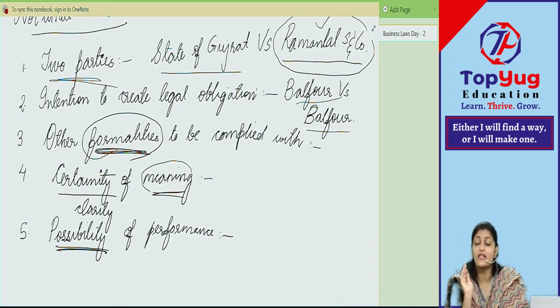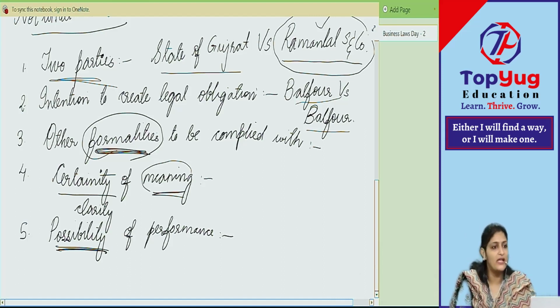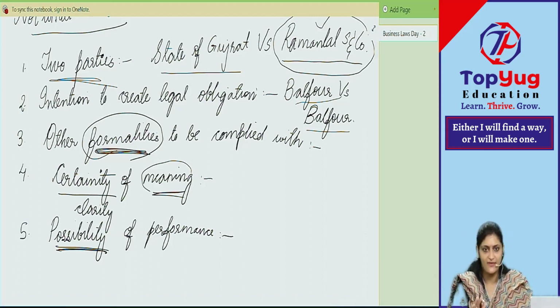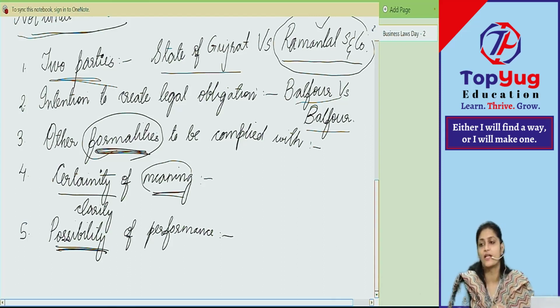In an agreement, terms and conditions of the agreement should be clear. There should be certainty of meaning. In an agreement, there should be possibility of performance. If these are present, then only it is a valid contract. Okay, these 5 things which are not given under section 10.